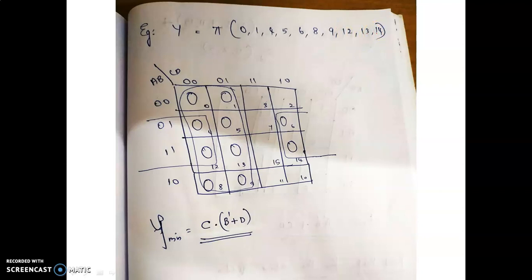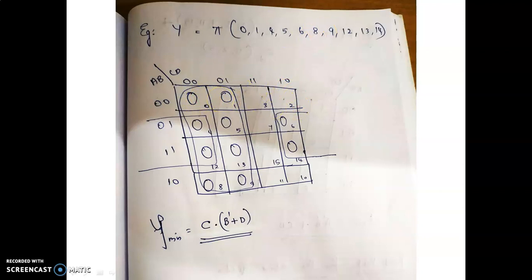These are the max terms that give 0 for the circuit. So when you are plotting on the K-map, this is a 4 variable K-map, hence we require A, B and C, D. Instead of plotting 1, what you will plot and group is the value 0. So for the max terms 0, 1, 4, 5, 6, 8, 9, 12, 13 and 14, you will plot 0 in the K-map, and those zeros will be grouped.